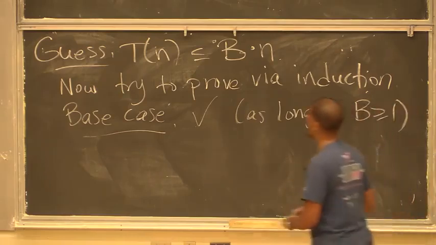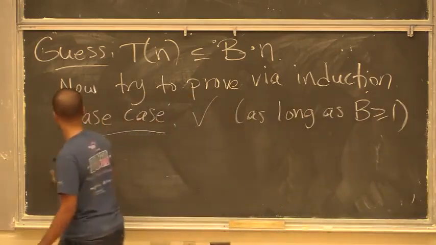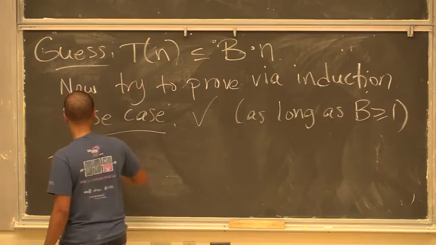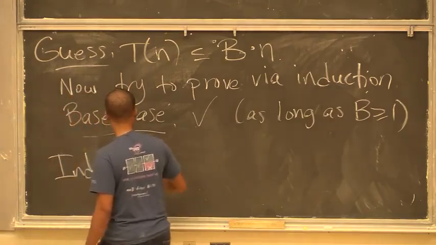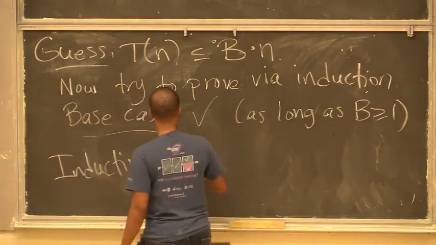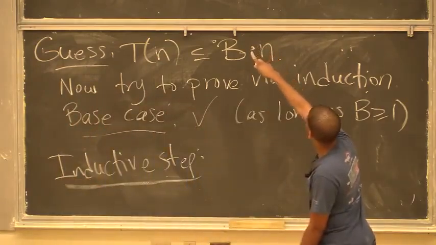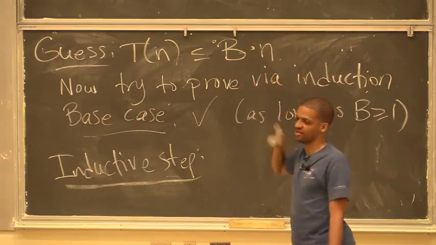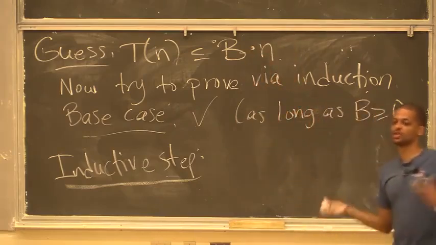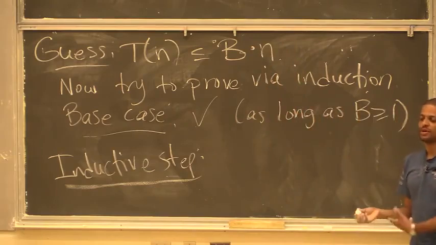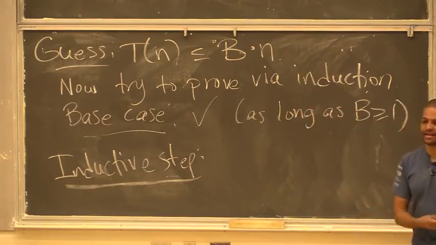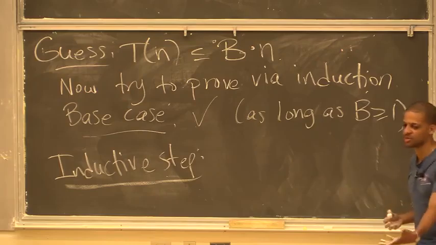What about the inductive step? This is strong induction, right? Strong induction means you assume the hypothesis is true for all values that are less than n. Induction is usually n implies n plus 1.